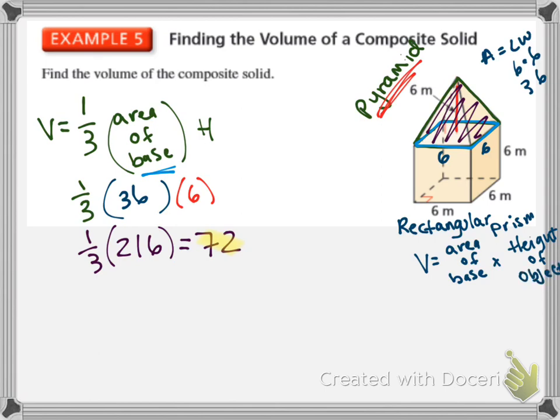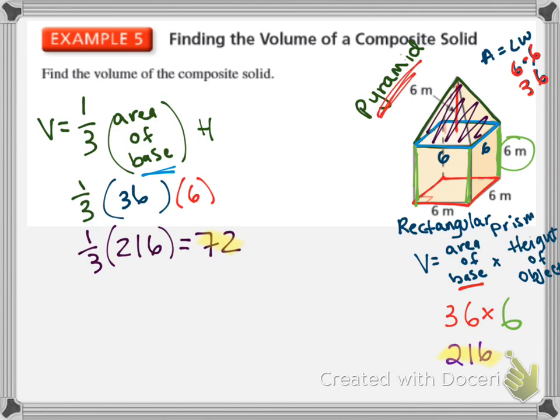So the base, the shape of the base, is still a square, and it's still 6 by 6, and 6 times 6 is still 36. So the area of the base is 36. And then the height of the cube only. It's what separates the top and the bottom of the cube, which is 6. Multiply them together, you get 216.